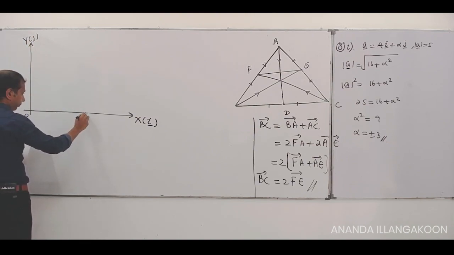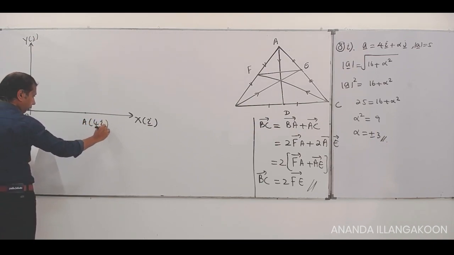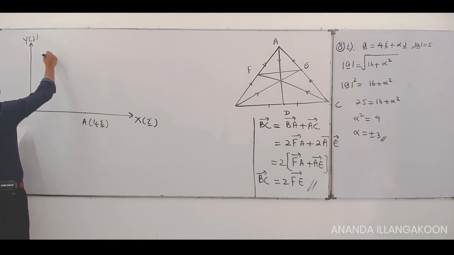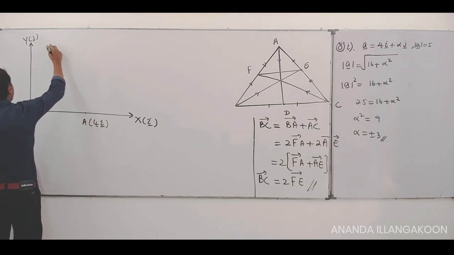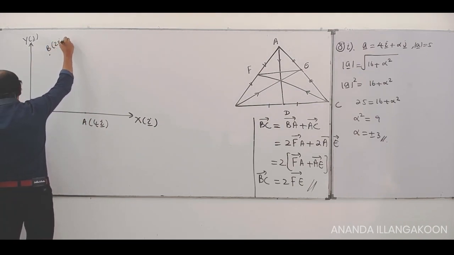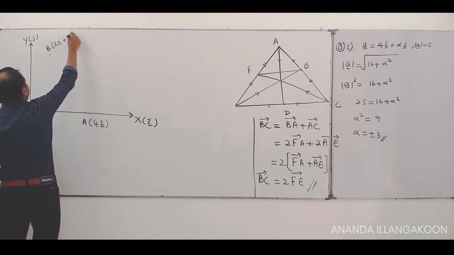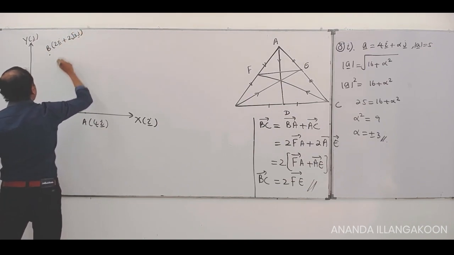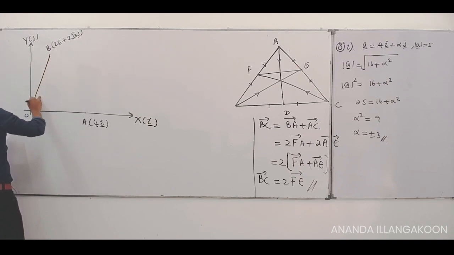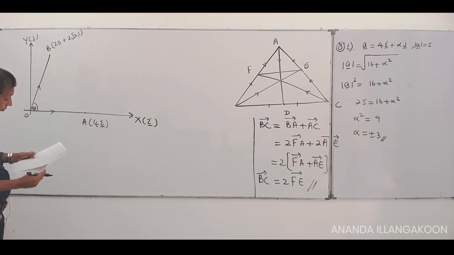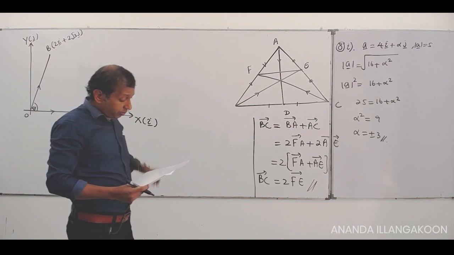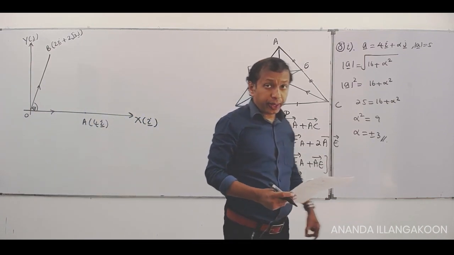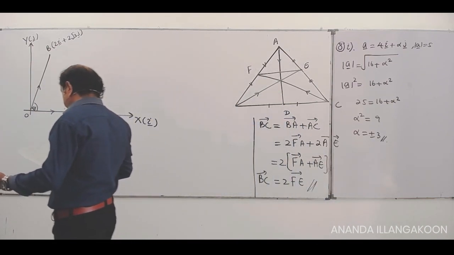Point A here is 4i. B here is 2i plus 2 root 3 j. That is theta, the angle. Yes, but it is asking to find the angle BOA. Right. Theta we need to find.